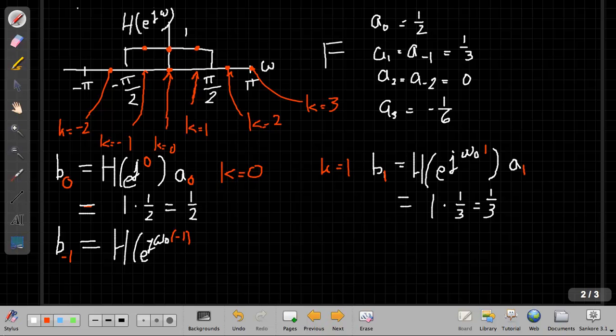So this is, if I bring all that together, that's like saying I have the frequency response at minus omega naught. Oh, and I still need a with a k replaced by minus 1.